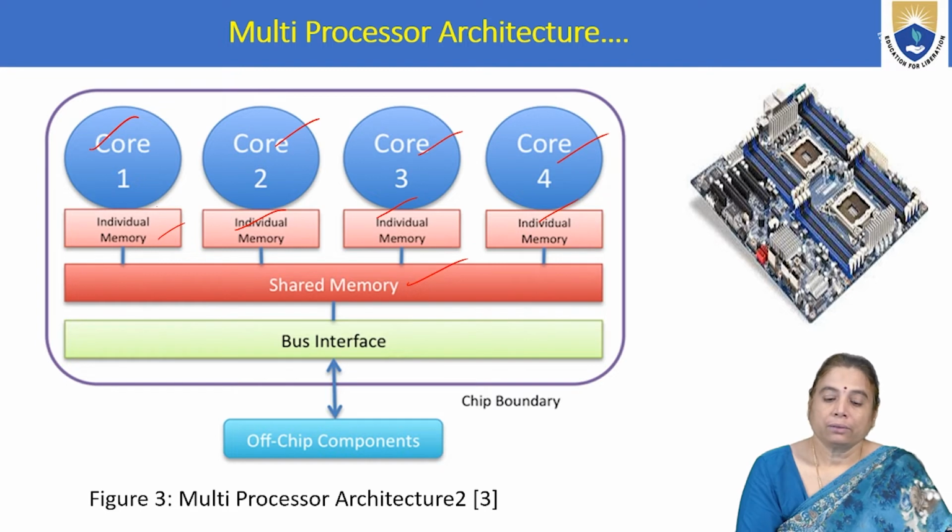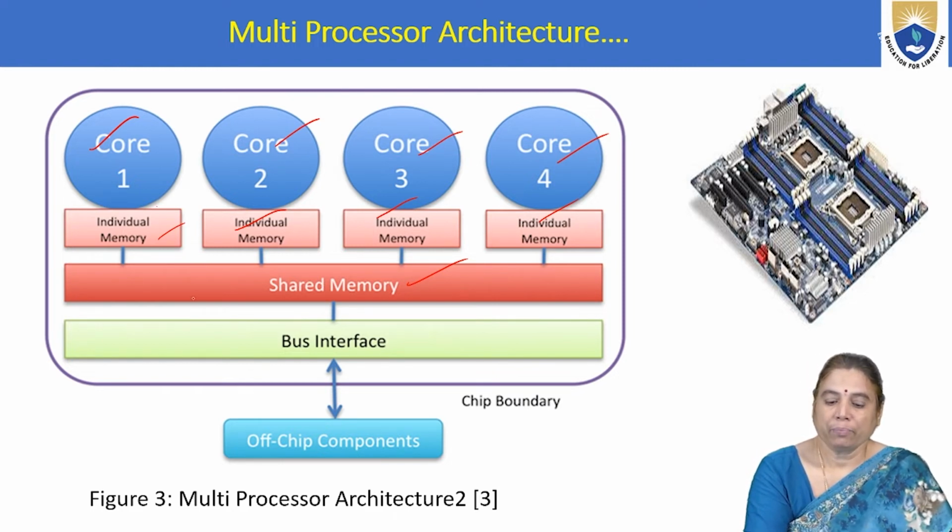If their processing involves any storage, it can be supported in the individual memory. If one processor is communicating with another processor, the common data can be placed in the shared memory.